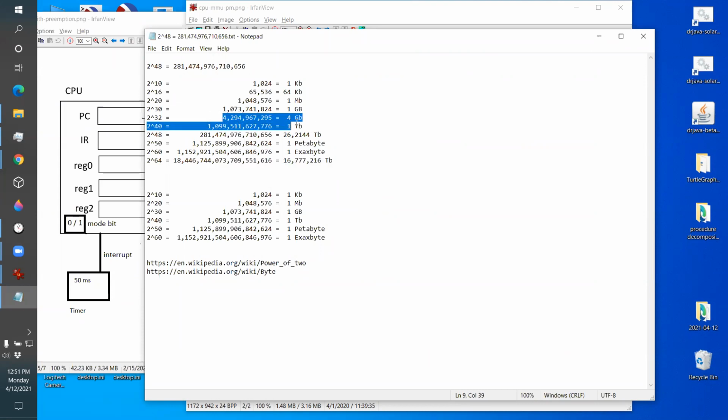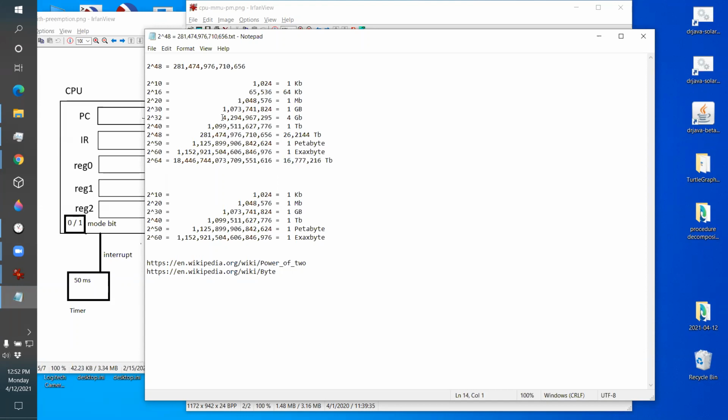So you have 4 gigabytes of memory in your computer, or say 8 gigabytes of memory, that's 2 to the 34. This is 16 million of 1,000 gigabytes. It's an unbelievably large number.